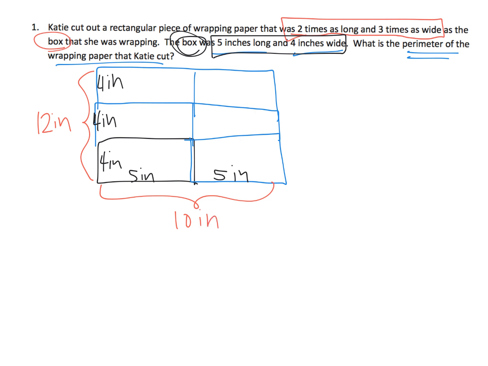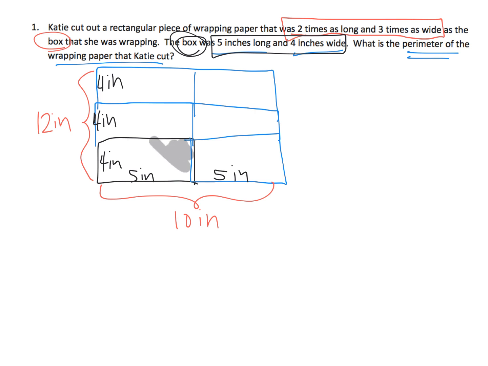So the question is, so Katie cut out a rectangular piece of wrapping paper, that's this big, huge piece, that was 2 times as long and 3 times as wide as the box she was wrapping. The box was 5 inches long and 4 inches wide. So the idea would be, let's see if I can do this quickly.